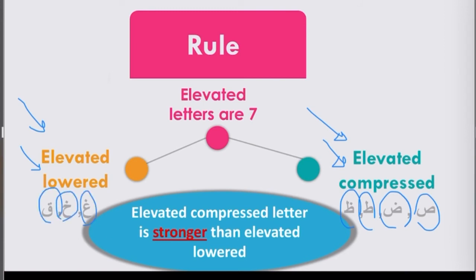There's a very important rule here: the elevated letters that are compressed are stronger than the elevated and opened, stronger on heaviness. So when we make the صاد heavy, we make صا, and when we make غين heavy, we make غا. So the strength of the صا is stronger because of the compression of the sound.